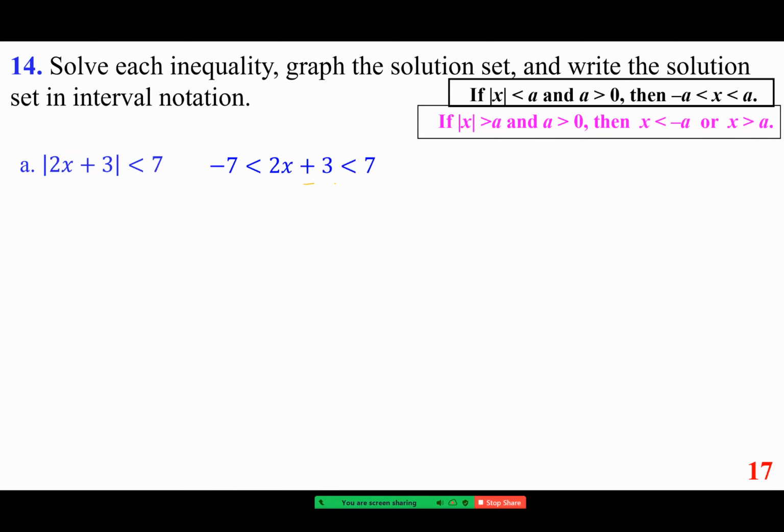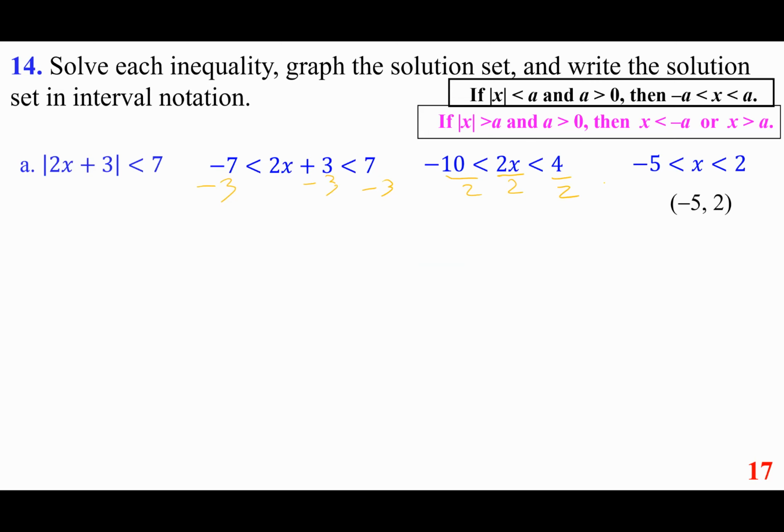We are going to get rid of the 3. We're going to divide everything by 2. So we get x between negative 5 and positive 2. Here's the interval format.